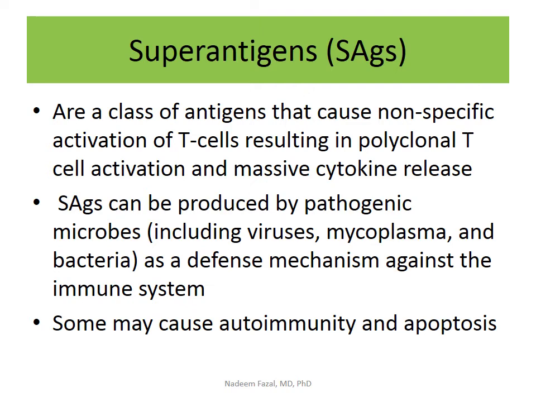And if you remember, some of these are produced by viruses, mycoplasma, and bacteria. Basically, they are good for bacteria and bad for us. By the end of the day, if it's an uncontrolled, chaotic immune response, it may lead to autoimmunity, it may lead to apoptosis.